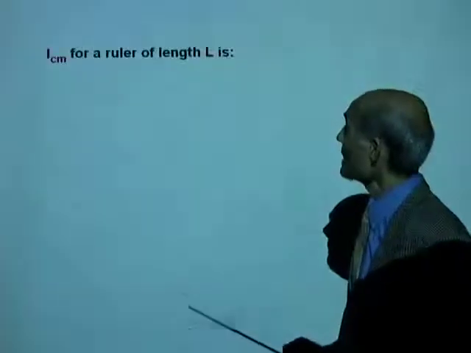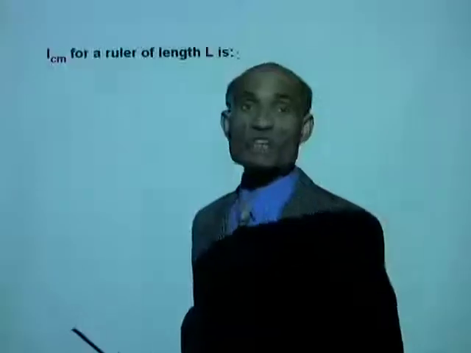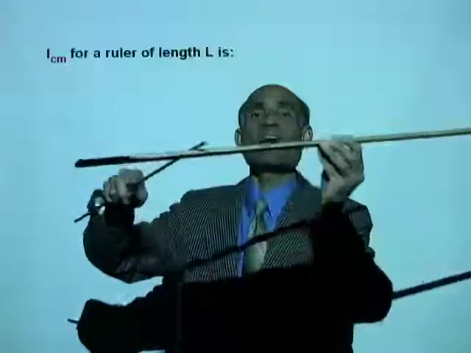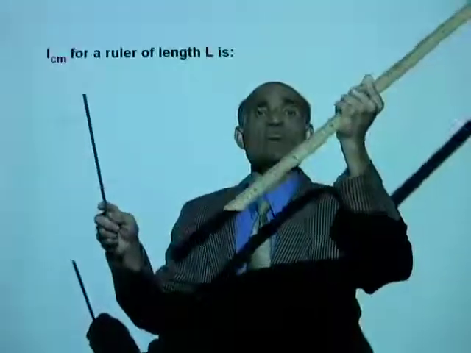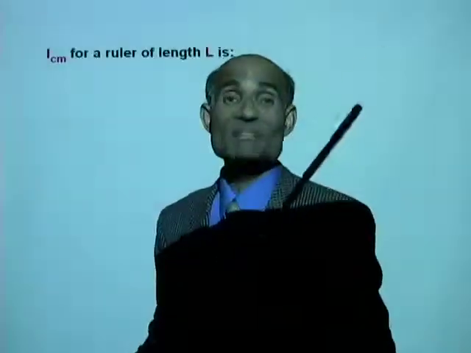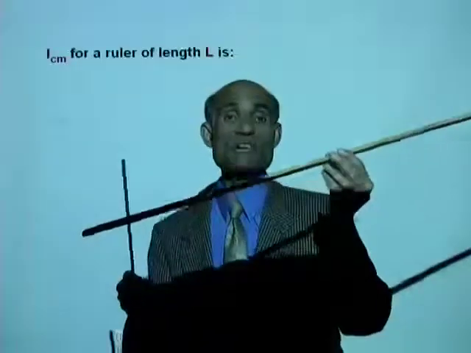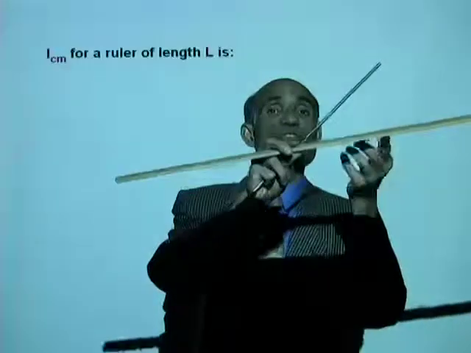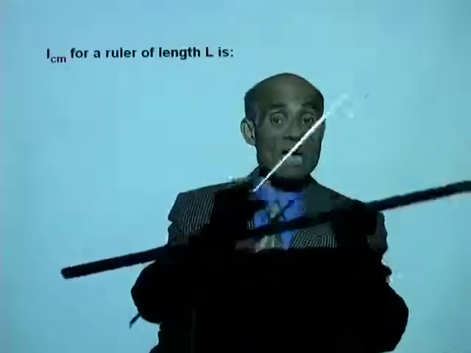Okay. Another one. What is the equation for the moment of inertia of a ruler like this, which has a length L and a mass m? The I center of mass. What does I center of mass stand for? The moment of inertia about an axis through its center of mass.